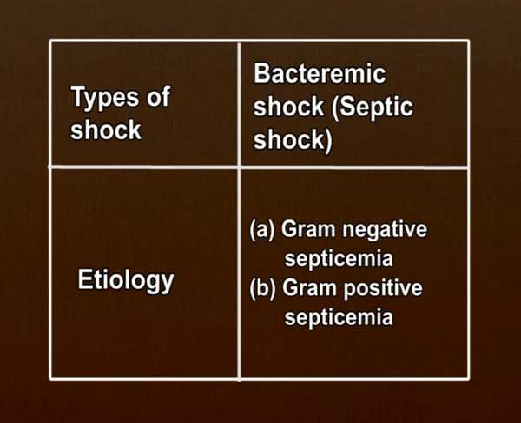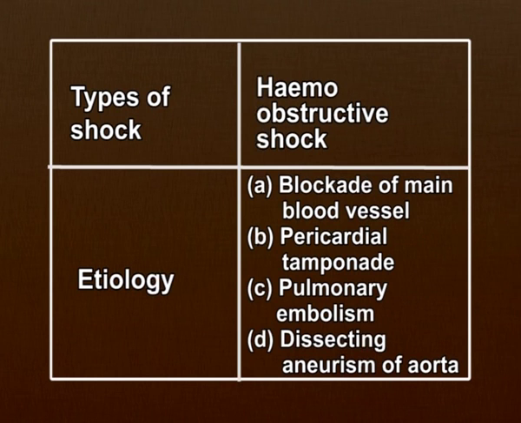The fourth type includes bacteremic shock, which is a septic shock, or we can call it sepsis. This etiology includes gram-negative septicemia and gram-positive septicemia. The fifth type is hemo-obstructive shock.